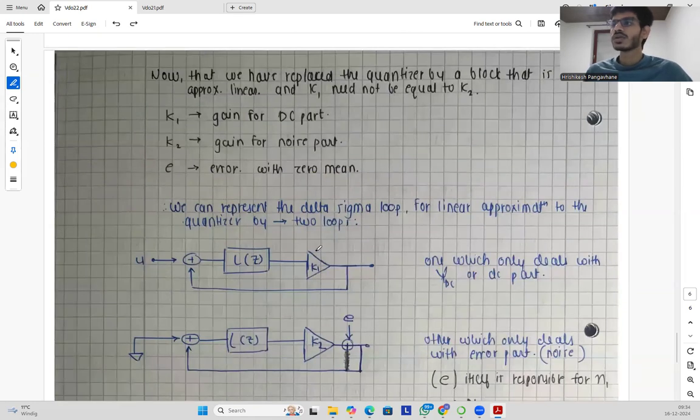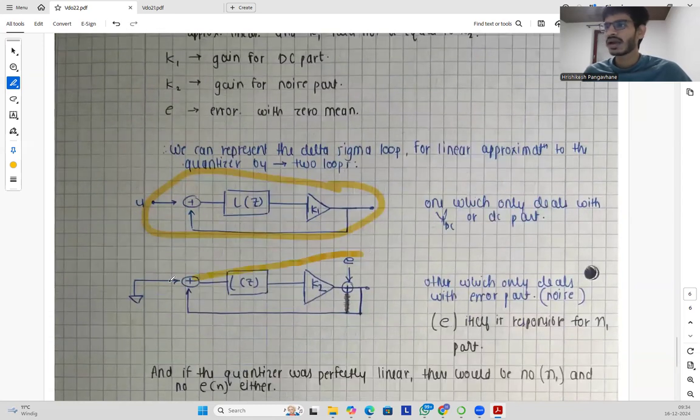So we can represent the delta sigma loop for a linear approximation to the quantizer by two loops, one which is only dealing with YDC or the DC part, and one which is only dealing with the error part, which is basically noise, because E itself is responsible for the N1 part. We have YDC and N1, right?